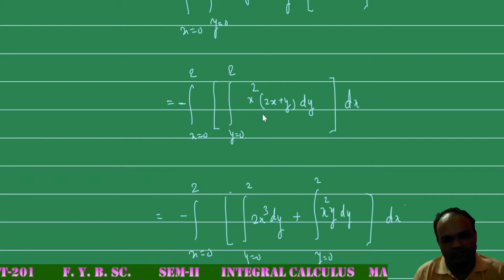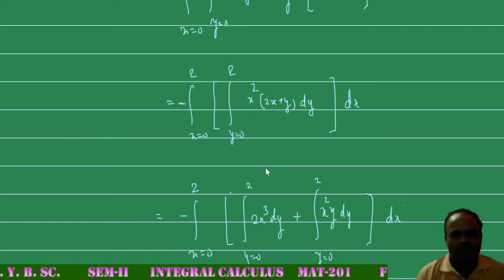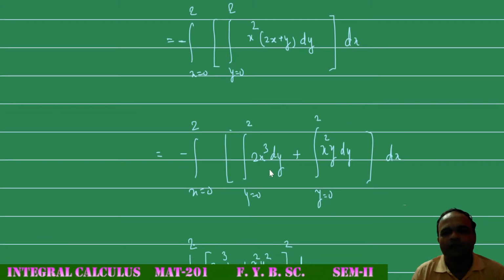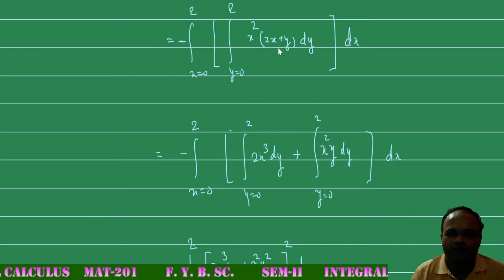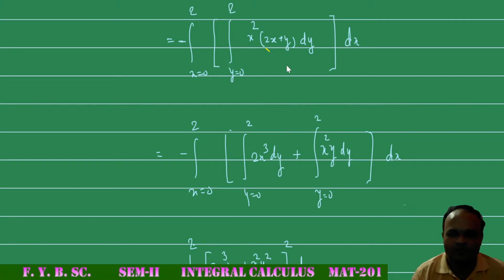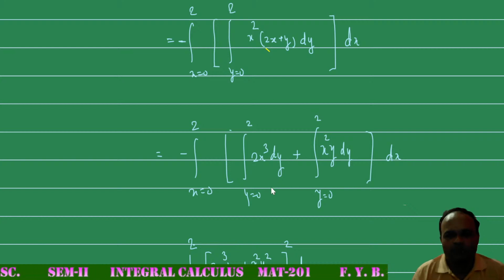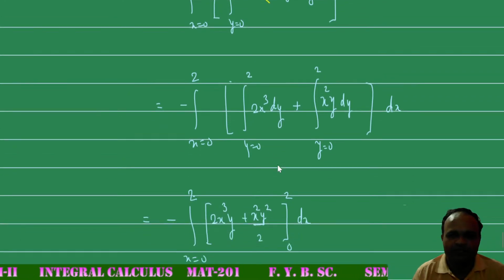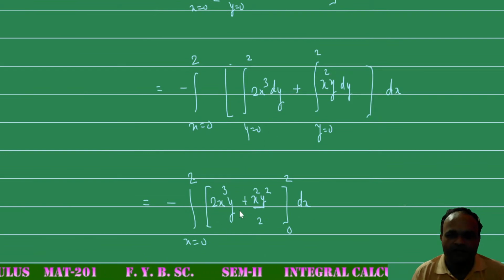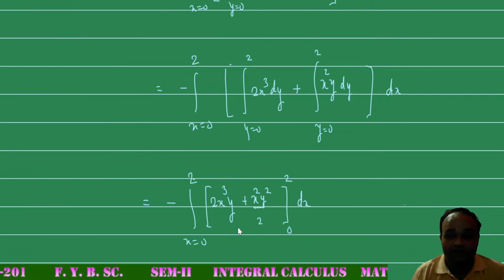Minus can be taken outside of this integration, and then again integrate with respect to y. So you get the integral of x square times (2x plus y) dy. Multiplying by x square, it will be 2x cube plus x square y. So 2x cube is outside of integration, and the integration of y is taken with limits from 0 to 2.